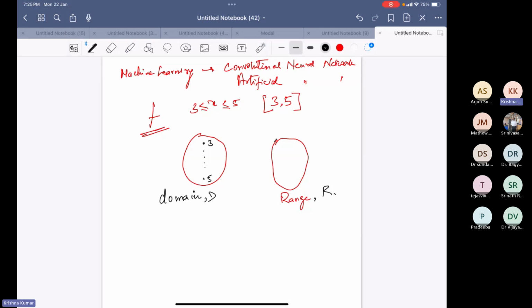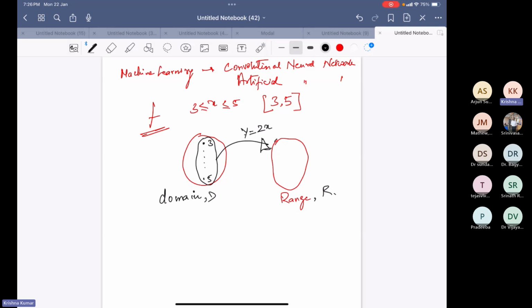Now, this function maps these quantities between 3 and 5 to values, because it's just 2x. Let's say that function is equal to 2x, or y is equal to 2x. So the domain is the values of x, and the range is the values of y.